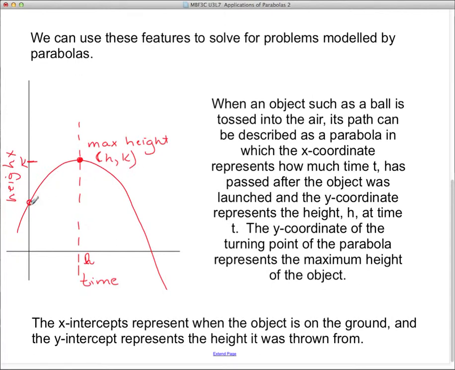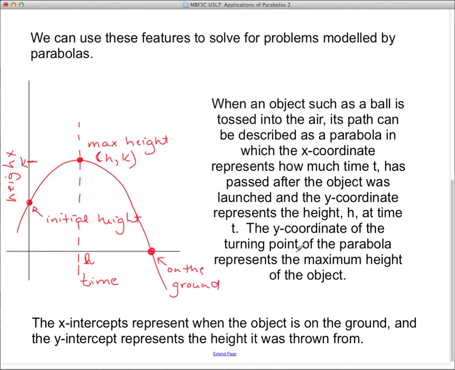Now this is our beginning point, where it starts on the y-axis, our initial height. And down here is when it's on the ground. And that's just what it says down here.